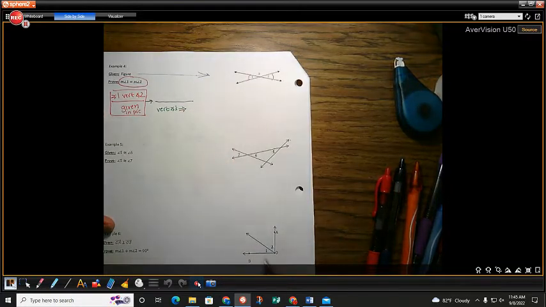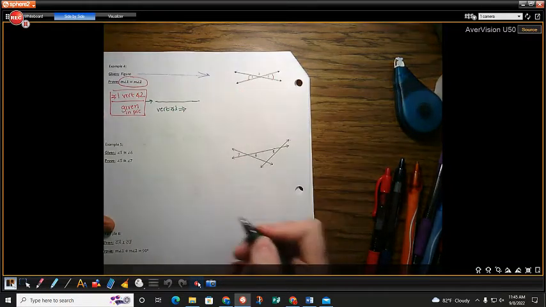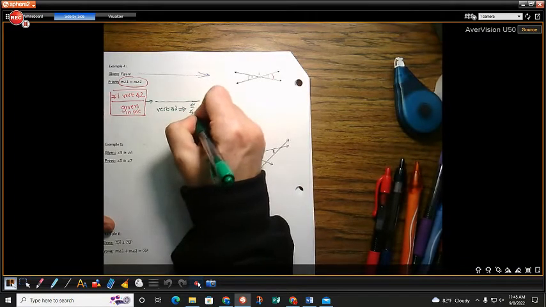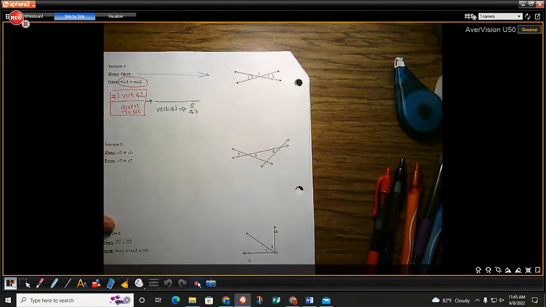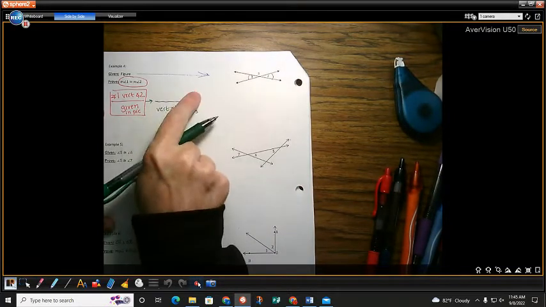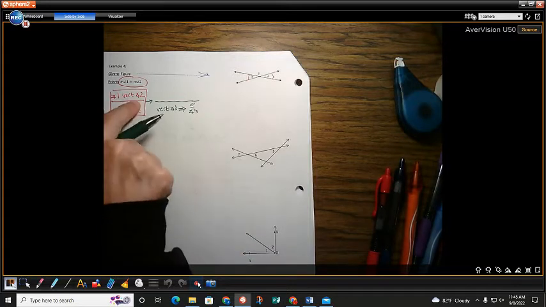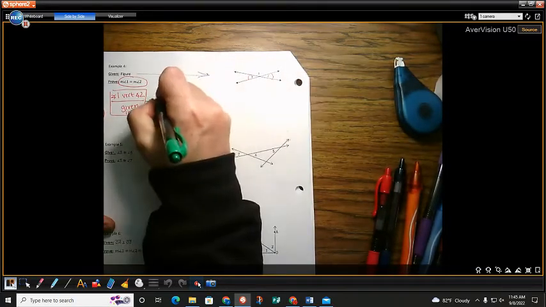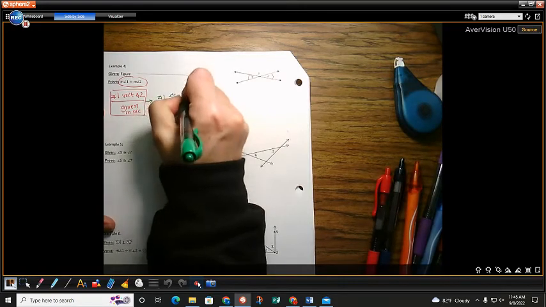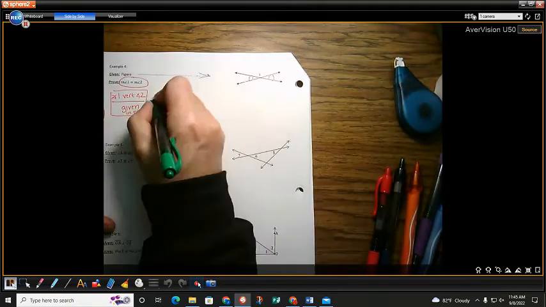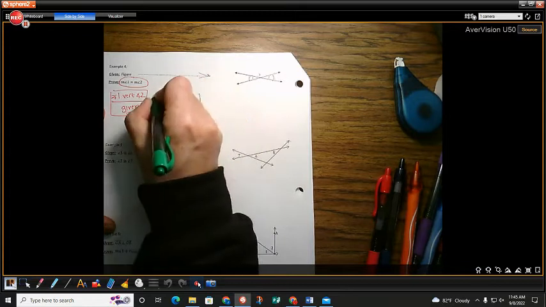And you have to think about what those imply. Congruent angles. So which angles should I say are congruent? The ones that were vertical. So angle 1 is congruent to angle 2. And then you get to draw a cute little box.